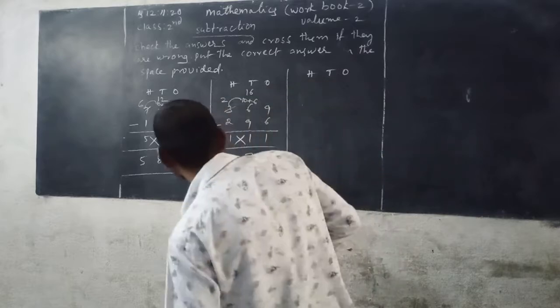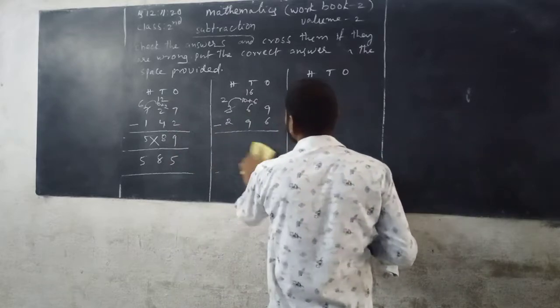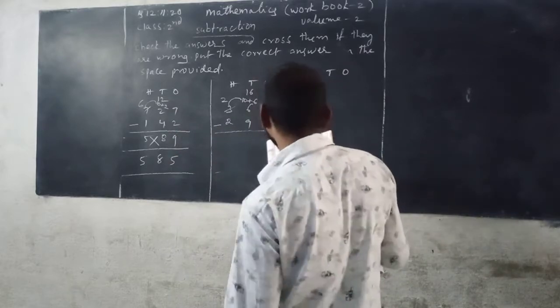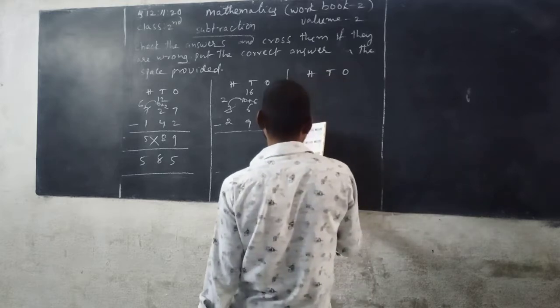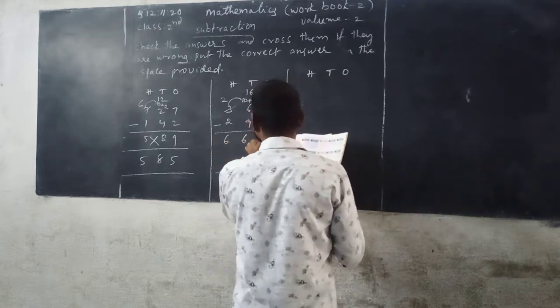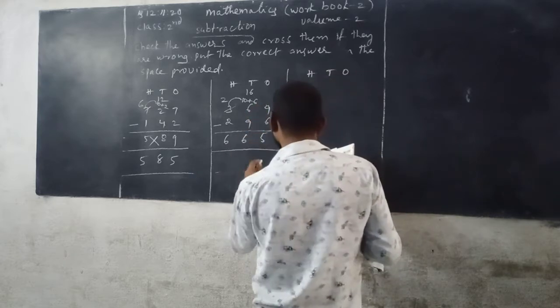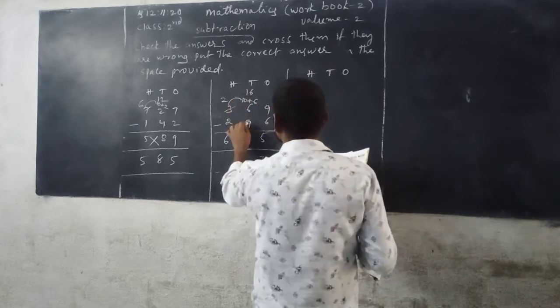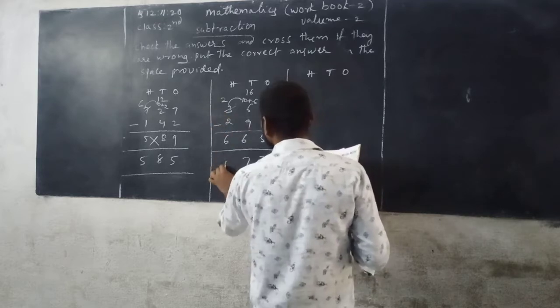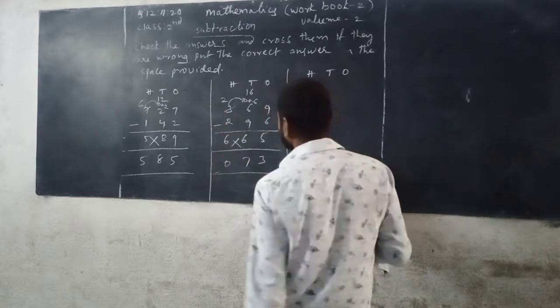See once again. 369 minus 296. You can get 665. No? So here 9 minus 6 you can get 3. Now 16 minus 9 is 7. 2 minus 2, 0. Then this is also wrong.